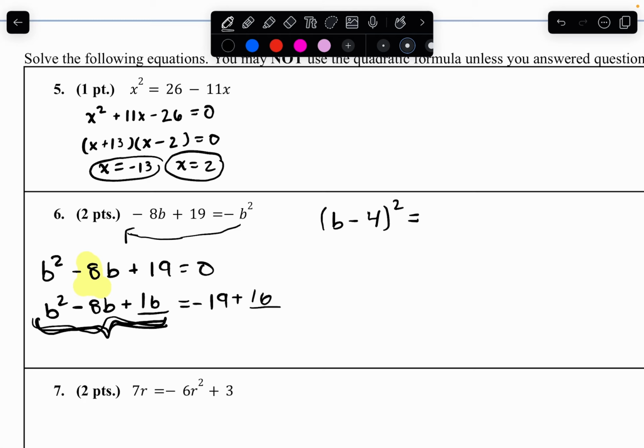And then on the right side, we have negative 19 plus 16, which is negative 3. If we take the square root on both sides, then we end up with b minus 4 is equal to positive or negative i times the square root of 3. Therefore, b must be equal to positive or negative i square root of 3 plus 4.